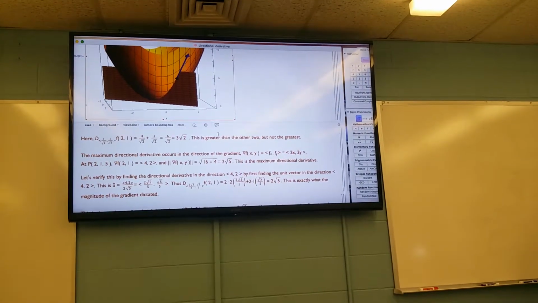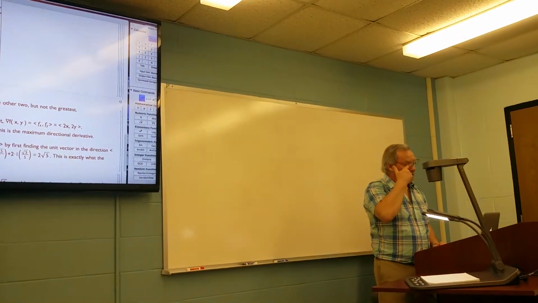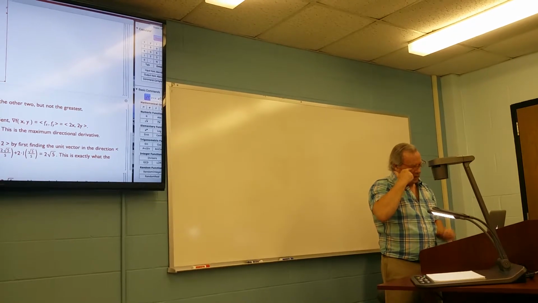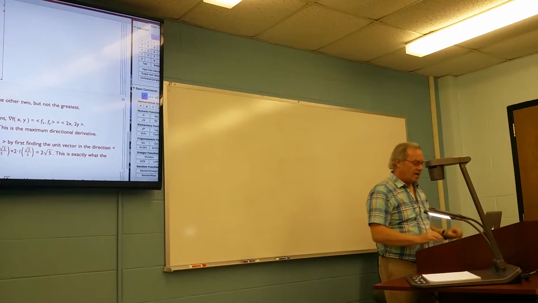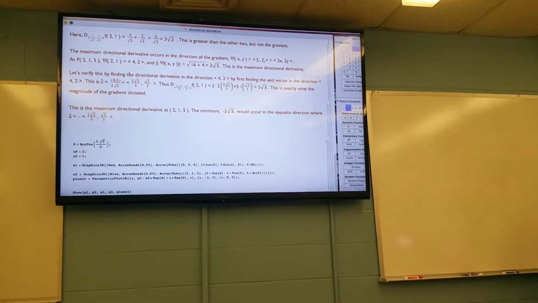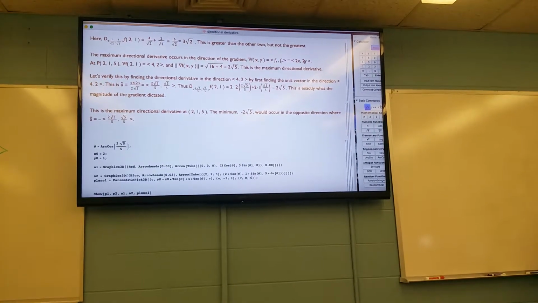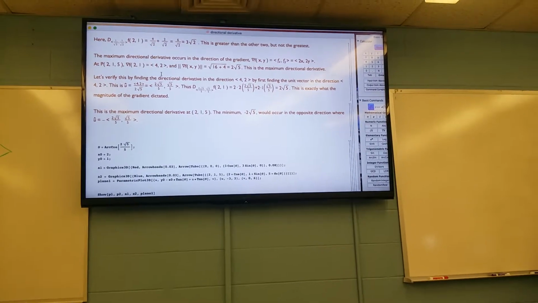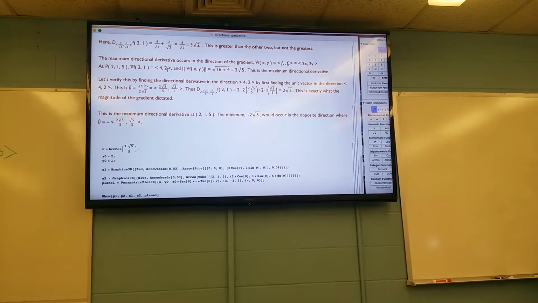This is greater than the other two, but it's not the greatest. Where's the greatest directional derivative? The greatest directional derivative is in the direction of the gradient. Gradient's 2x, 2y, like I've been saying. At this point, the gradient is 4, 2.